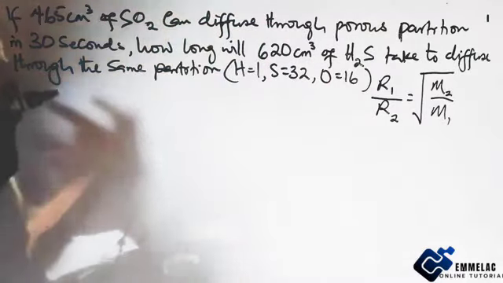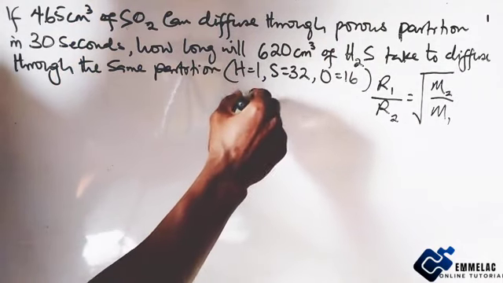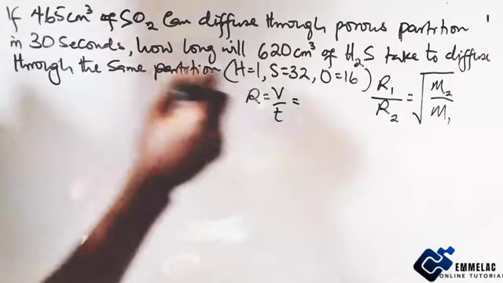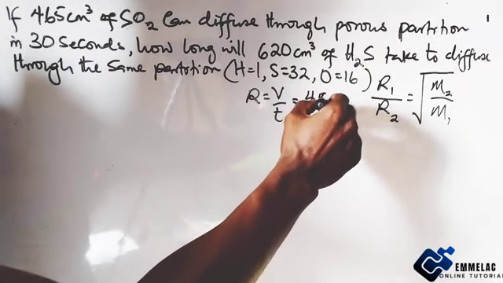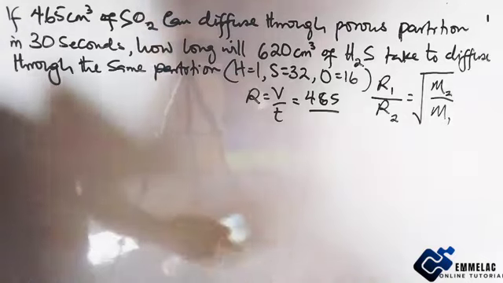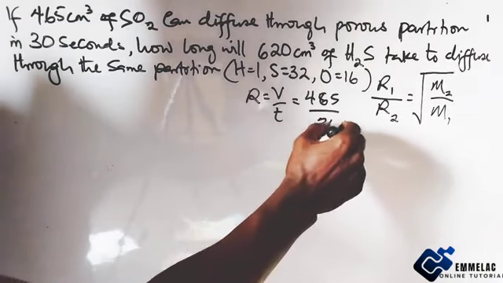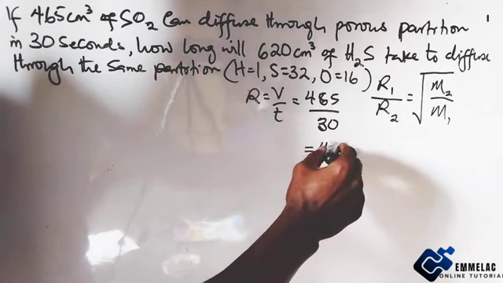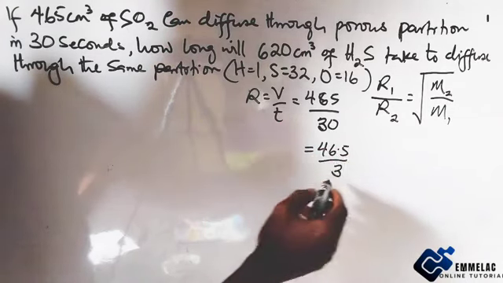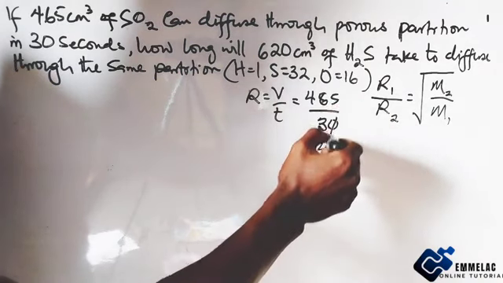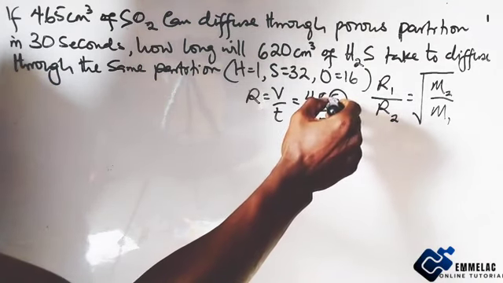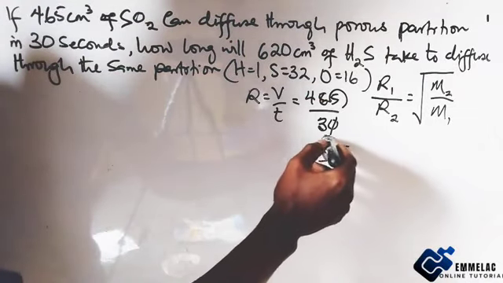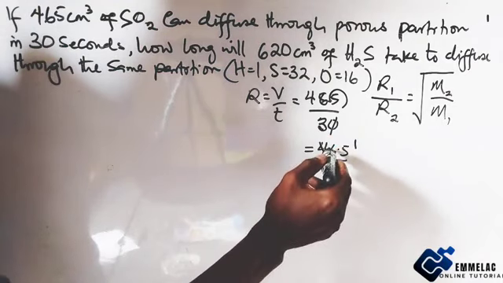So now let us find the rate, and the rate is given as volume over time, and the volume here is 465 over 30. Now this will give us 46.5 over 3, cancelling out this 3, this 0, and bringing the decimal to this point. That is 1. Remainder 1.